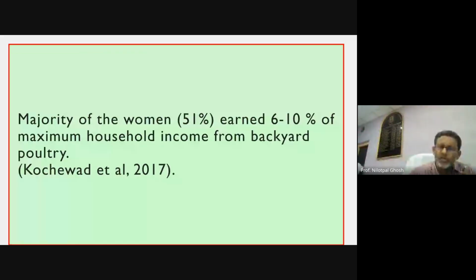And the majority of women, 51%, earned 6 to 10% of maximum household income from the backyard poultry. So this is a research result that 6 to 10% household income is from backyard poultry.